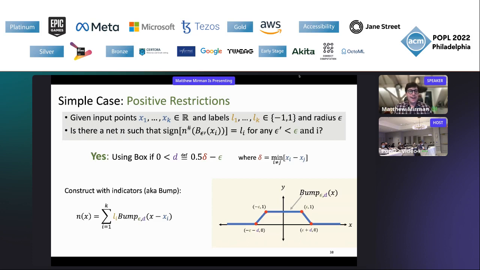We add these bump functions together weighted on the labels that are used, so that we use a positive bump function for a positive label and a negative bump function for a negative label. The width of these bump functions is designed so that 2 points never have activated bump functions that overlap.